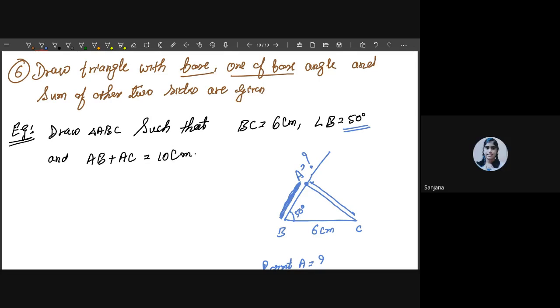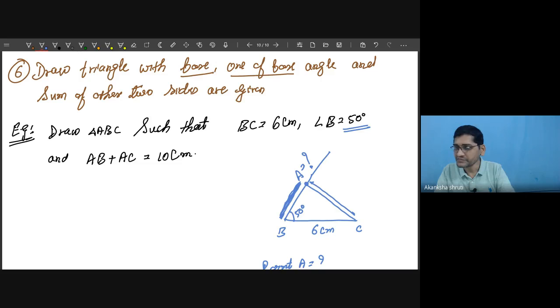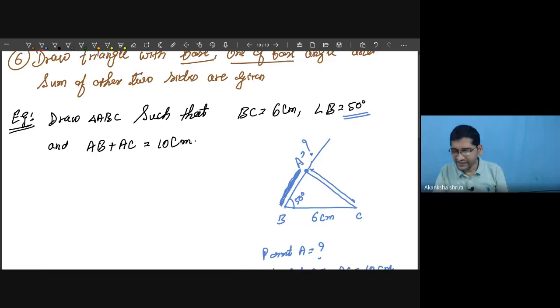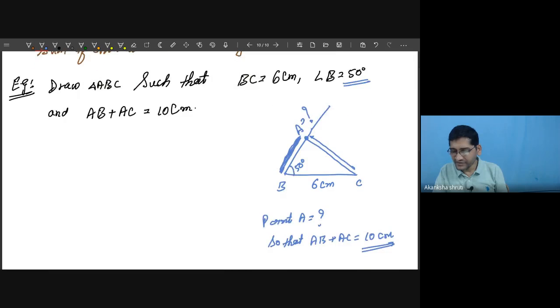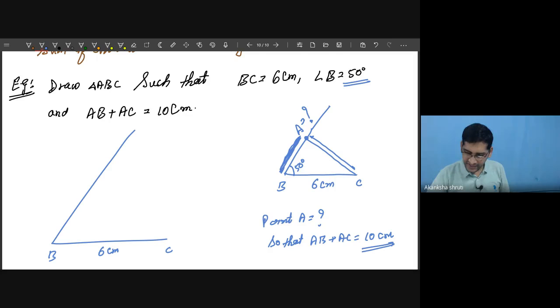The homework. It's very easy. Students, tomorrow I will explain. First you will take this as 6 centimeter, B and C. At B, you will make a ray at this 50 degree.